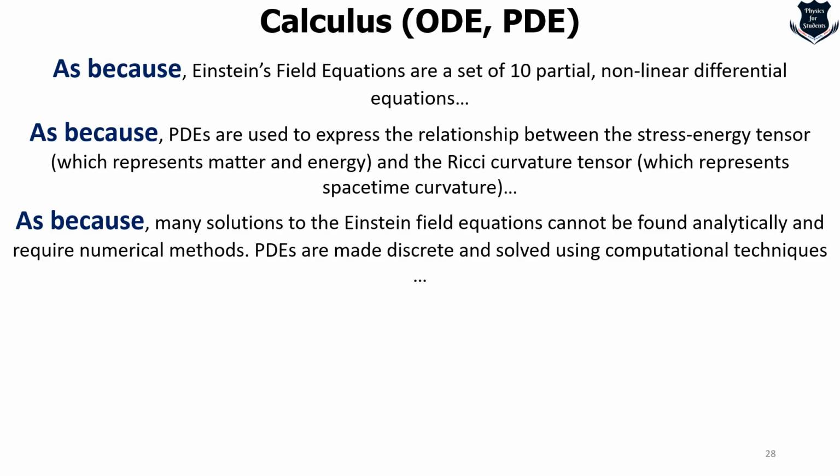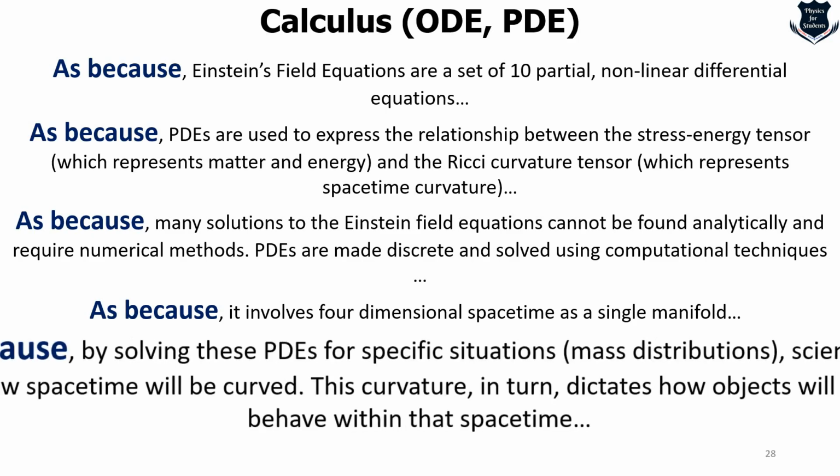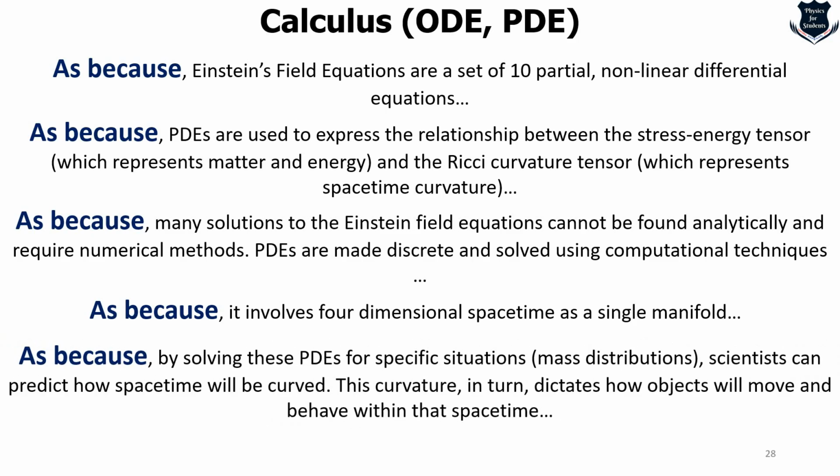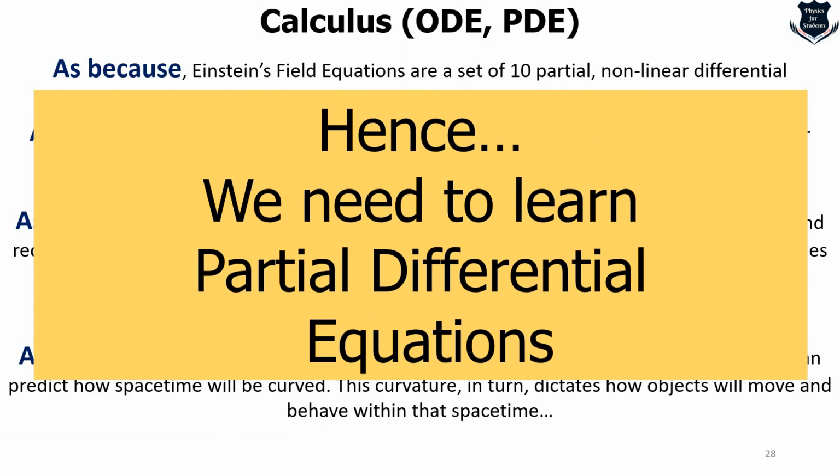Many solutions of the Einstein field equation cannot be found analytically, and it involves four-dimensional space-time as a single manifold. Solving these PDEs for specific solutions can predict how space-times can be curved. That is the reason you need to understand partial differential equations.